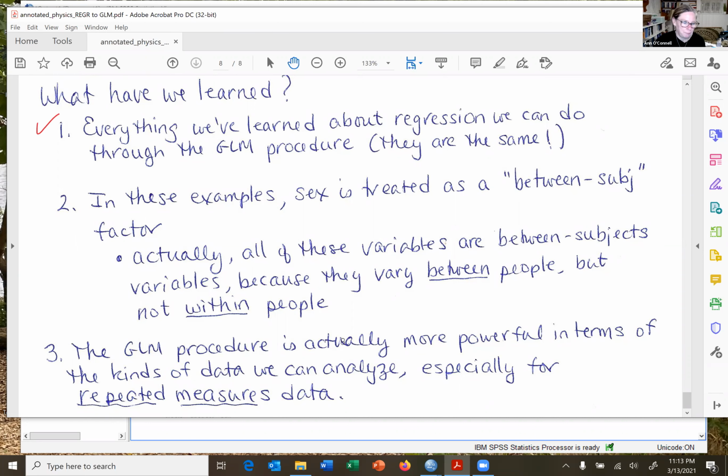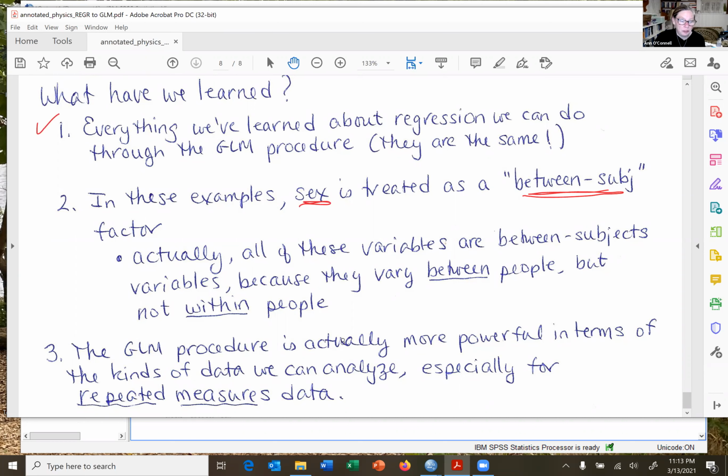They're exactly the same. Now, in these examples, sex was treated as what we call a between subjects factor, and that is a word that's used a lot in a GLM framework. We don't really refer to our variables like that in a regression framework because all of the variables in regression are considered to be between subjects.